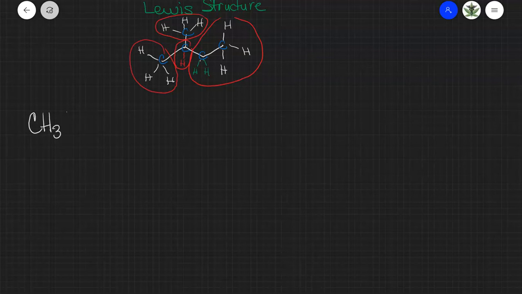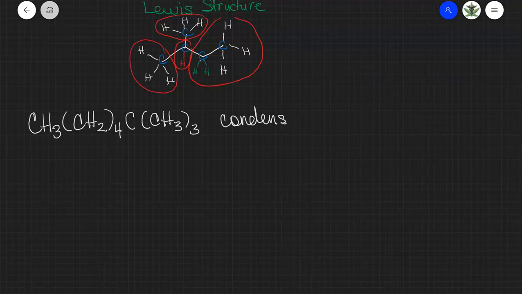CH3, CH2, 4C, CH3, 3. So the way that this is written, again, you see letters and numbers, so letters and subscripts, which represents the condensed formula.